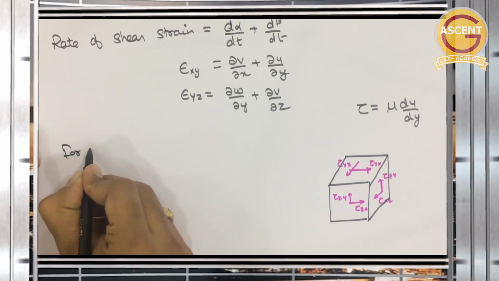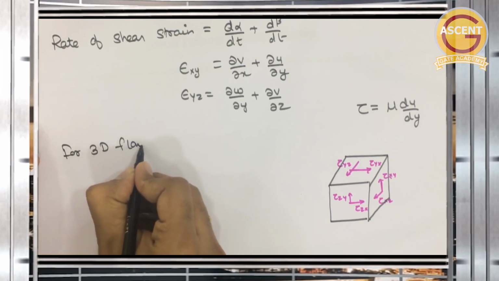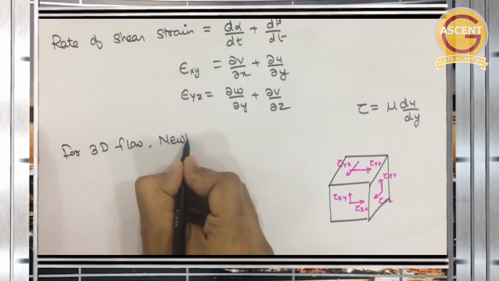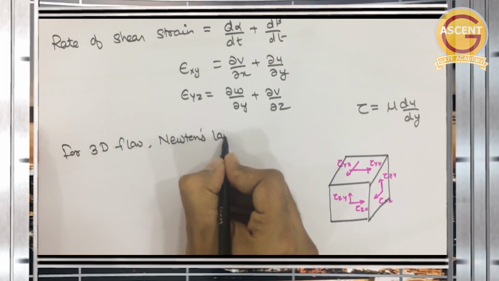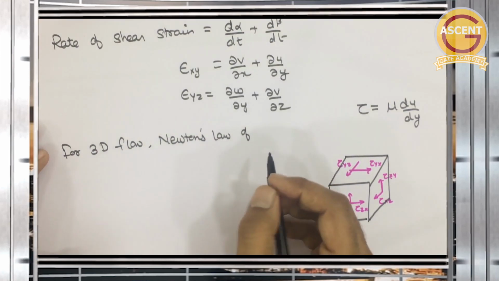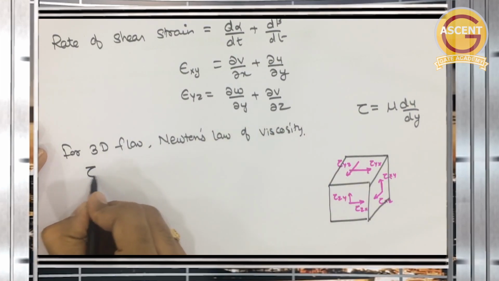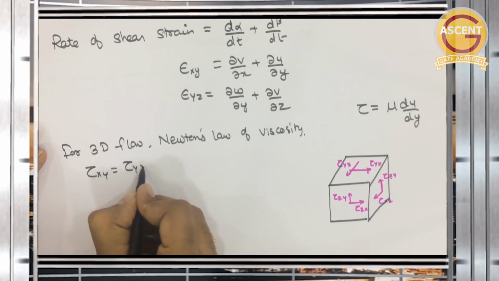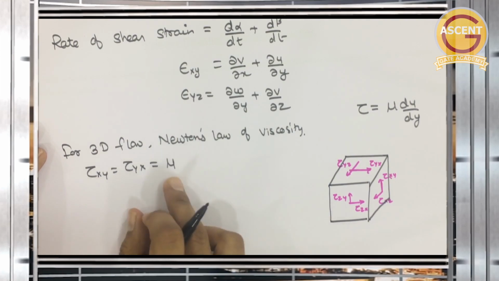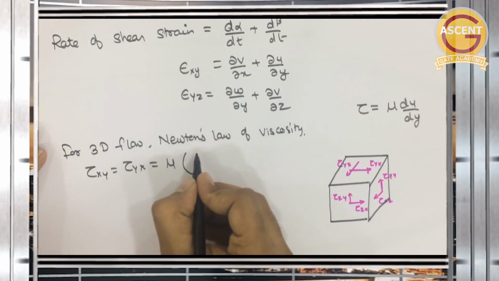Okay, now what will be Newton's law of viscosity for 3D flow? So for 3D flow, Newton's law of viscosity says this tau xy, which is equal to tau yx, which will be equal to mu into the rate of shear strain. What is the rate of shear strain here?